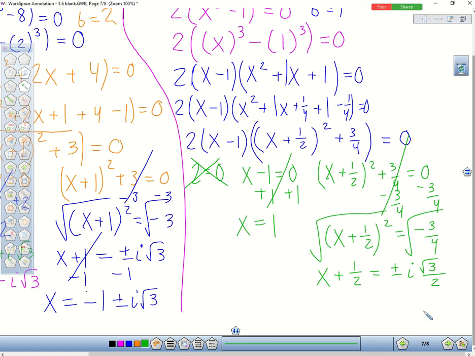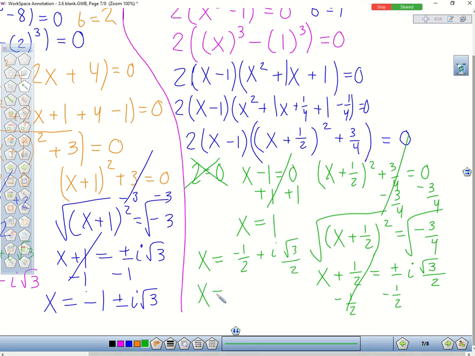Everybody see how I got that? Because you can't simplify the numerator, but you can take the square root of the denominator, which is 2. I subtract 1/2 on both sides, which gives me my final answers of x equals negative 1/2 plus i radical 3 over 2. You can put the whole thing over 2 as well.